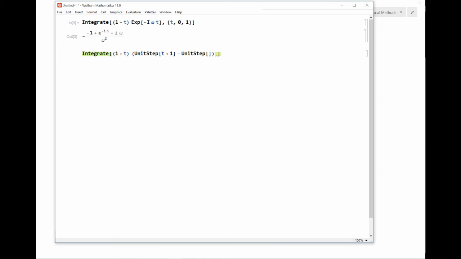So the integration will involve the function 1 plus t, which applies only in the interval from minus 1 to 0, plus the function 1 minus t, which only applies on the interval from 0 to 1.